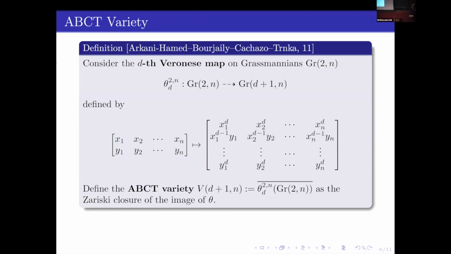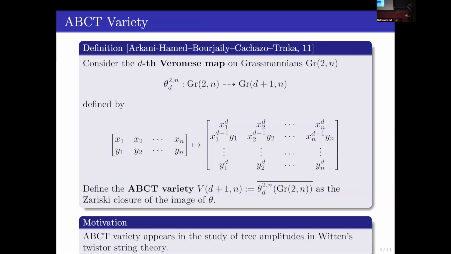So finally, let me introduce the main object of study, or at least this was our original motivation. We consider those varieties called ABCT varieties. They were first considered by Arkani-Hamed, Bourjaily, Cachazo, and Trnka to study tree amplitudes in Witten's twistor string theory.